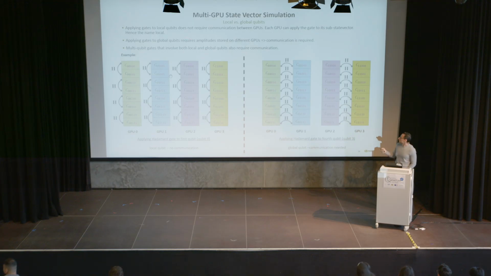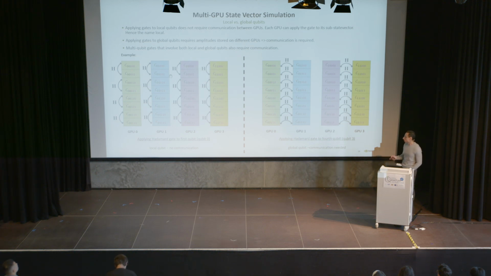Here are concrete cases using the previous example. Let's say we want to apply a Hadamard gate to the first qubit, qubit 0, which is a local qubit. Then the subvectors will be composed of amplitudes whose indices differ by the value of the first bit. That means that each GPU can apply the Hadamard matrix to its own amplitudes without needing amplitudes from another GPU.